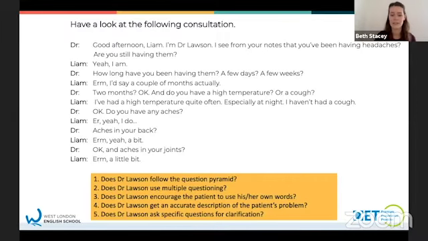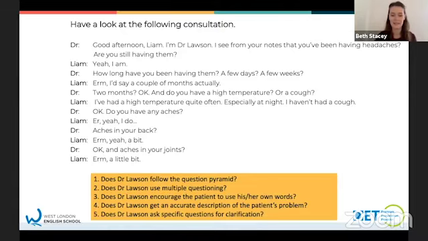Does Dr. Lawson encourage the patient to use his or her own words? I don't think so. We can see the doctor says, do you have a high temperature? And he says, yeah, I've had a high temperature. So again, the doctor is almost putting words in the patient's mouth. So does Dr. Lawson get an accurate description of the patient's problem? Well, no, not really, because the doctor has guessed everything that the patient has.